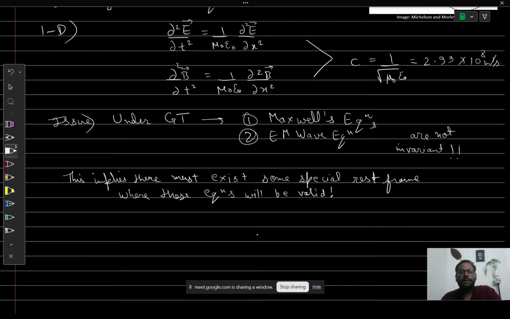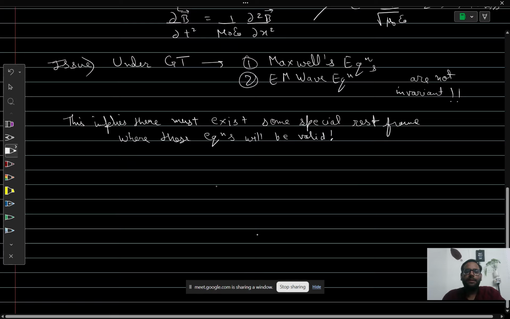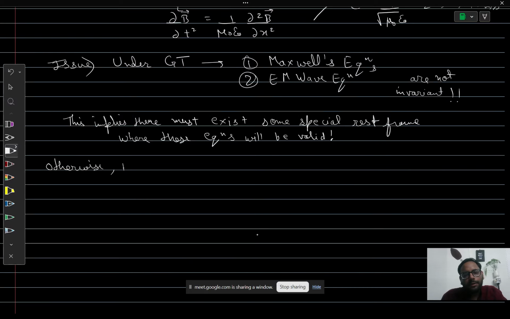Okay, there must exist some special rest frame where these equations will be valid. Otherwise, they will transform non-trivially.